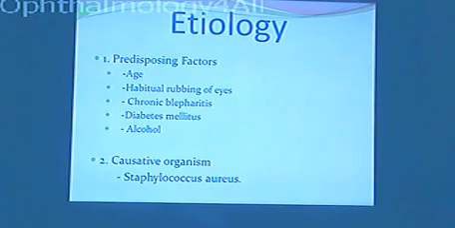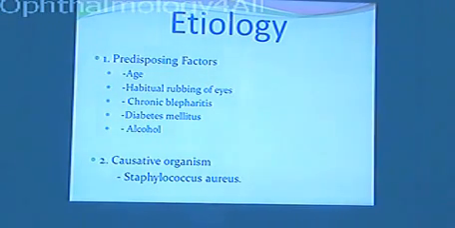Regarding the causes or etiology of stye, there are certain predisposing factors like age. In younger age group, stye is common. Then habitual rubbing of eyes, or if we have poor hygiene, then also we tend to develop infection of the lid margin. Also, if there is chronic blepharitis, inflammation of the margin of the eyelid, then also stye can develop.